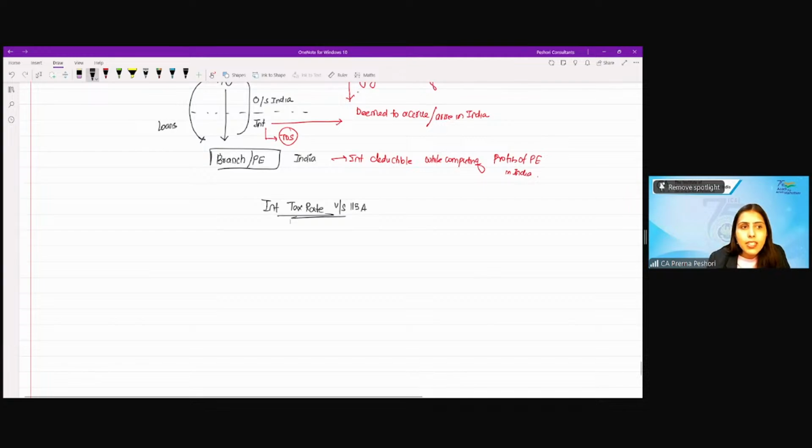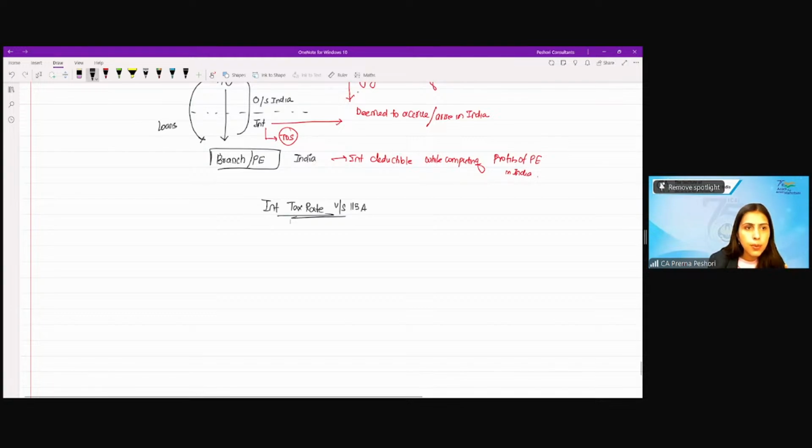So what is the tax rate which is applicable under 115A? So under 115A, there are different tax rates which are applicable. One is the interest on the rupee denominated bonds to the foreign portfolio investors.